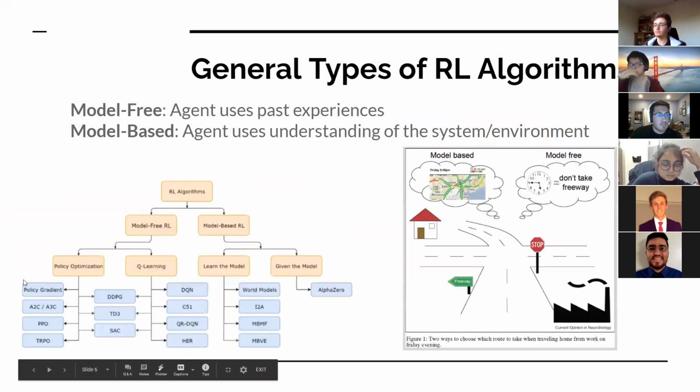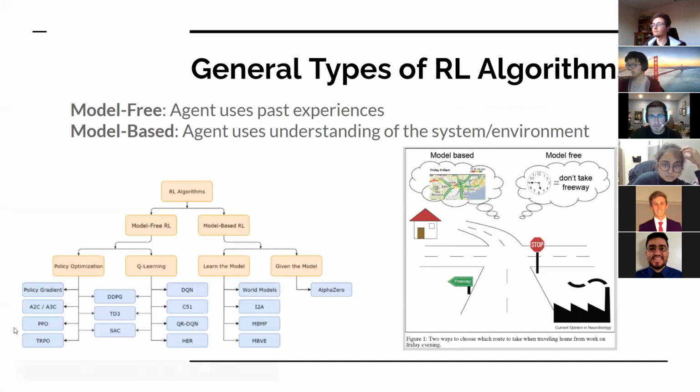So next slide, please. From a general overview, and then we're going to dive deeper into specifics in a bit, there are two types of reinforcement learning algorithms. There is model-free and then model-based. Model-free means that the agent uses its past experiences to come up with its next action.